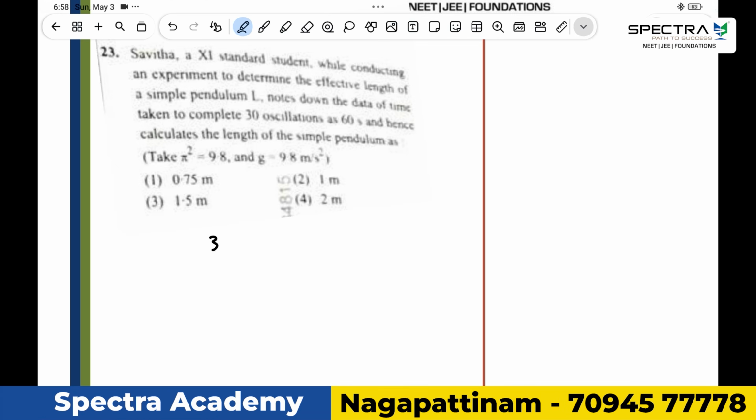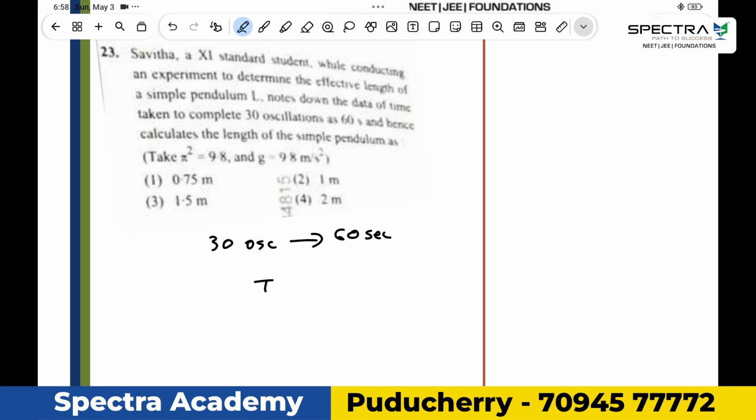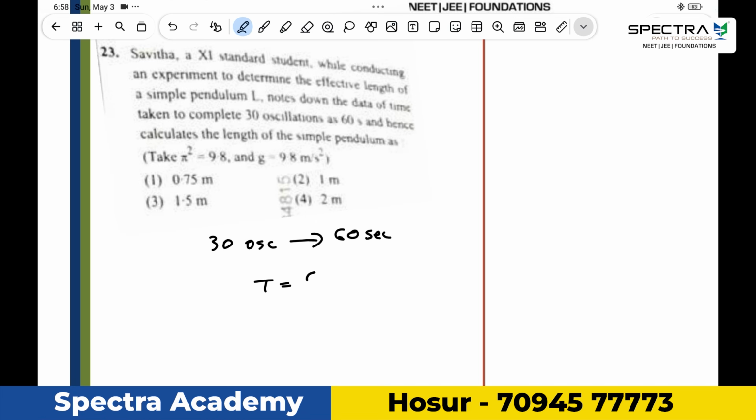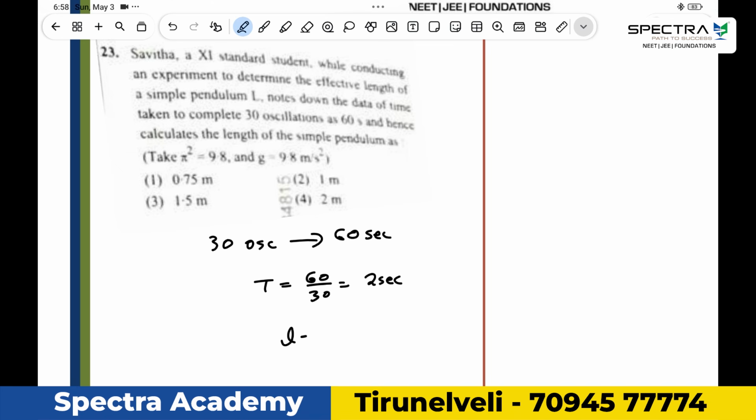See, 30 oscillations, 60 seconds. So what is the time period? Time period is the time taken to complete one oscillation. So you can see 60 by 30, which is equal to 2 seconds. So which is the seconds pendulum? Seconds pendulum length? Yes, 1 meter. Isn't it? So your option is 2.